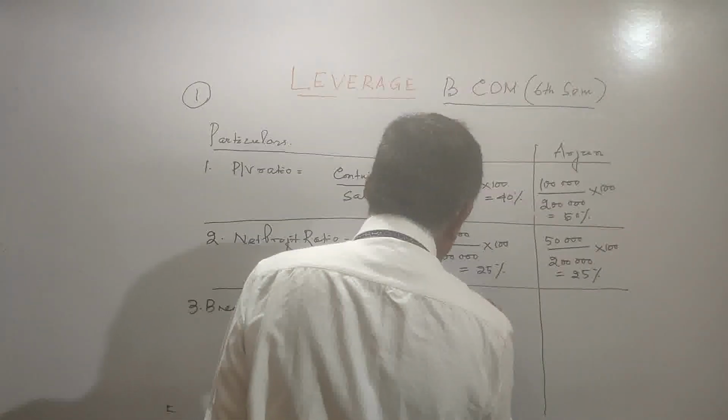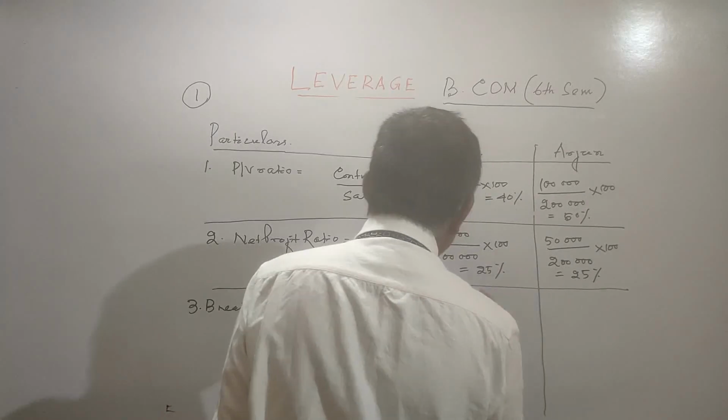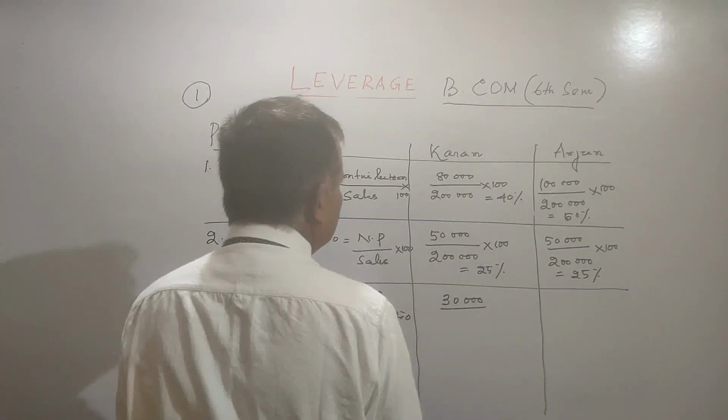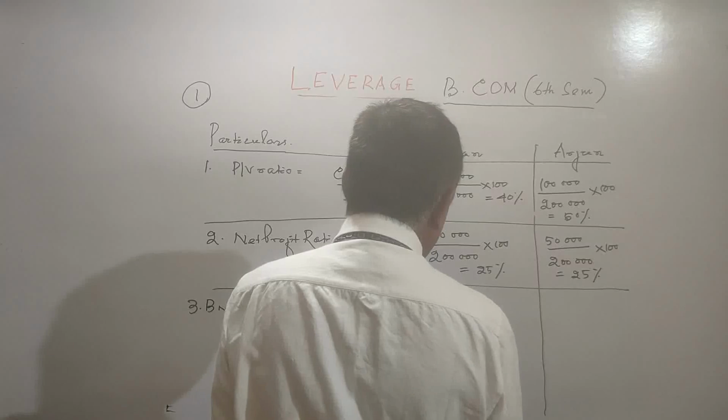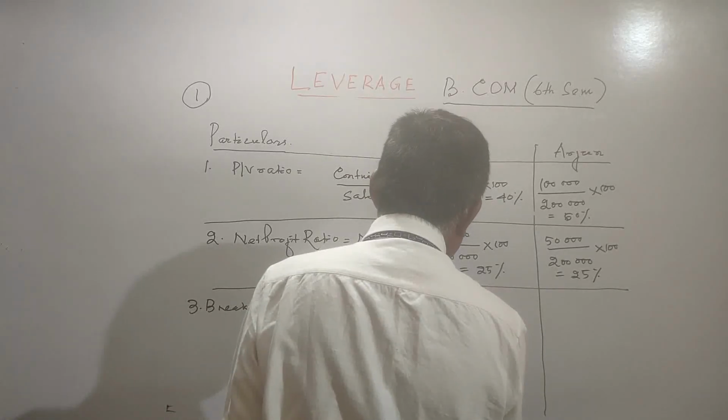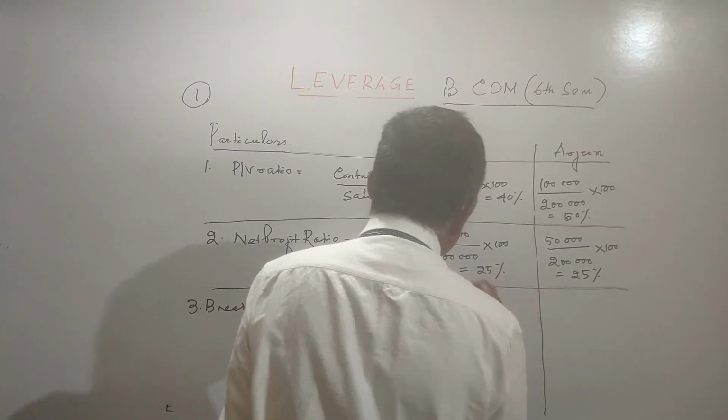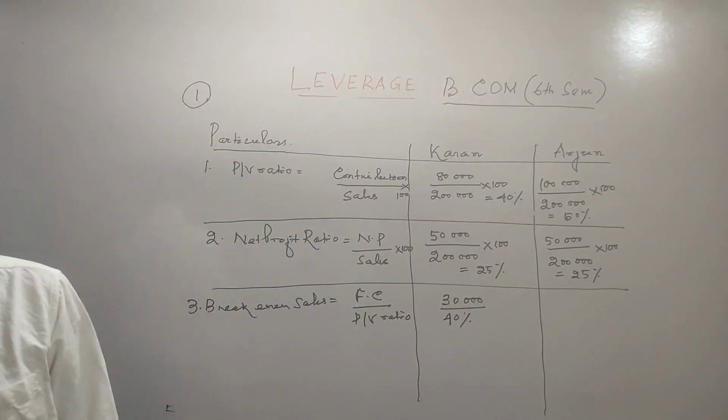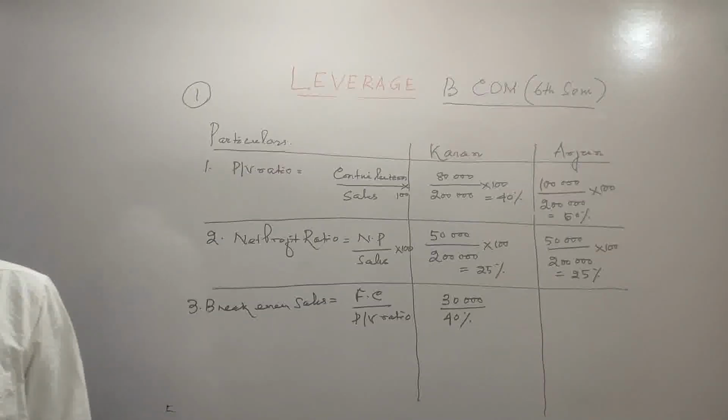So 30,000 is the fixed cost, and 40% is your PV ratio.